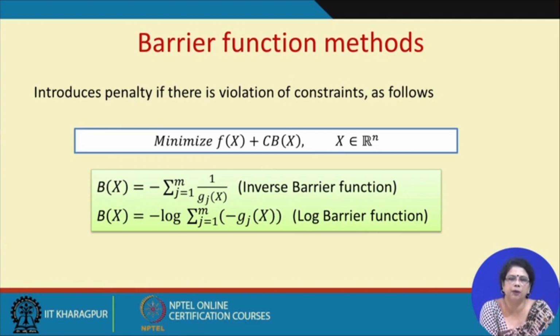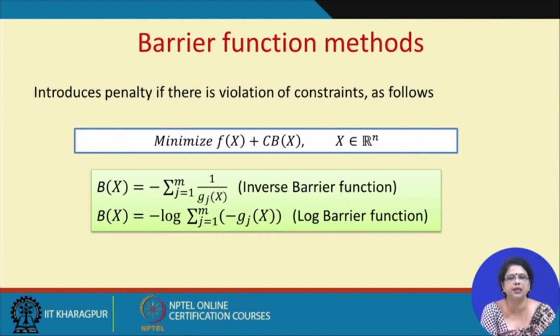Now, if you remember, I was explaining one problem: minimization of f(x) with x greater than or equal to 5. We consider f(x) equal to x as the objective function and x greater than or equal to 5 as the constraint. If I write it in the form g(x) less than or equal to 0, then I write it as 5 minus x less than or equal to 0.